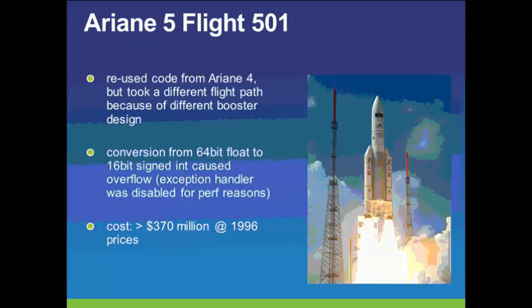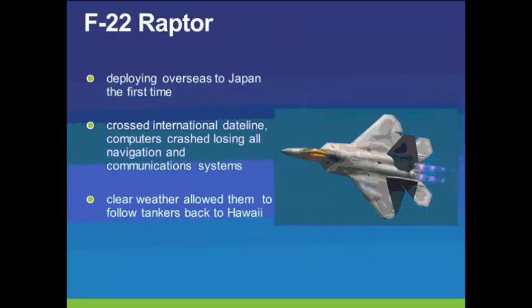As a result, Ariane 5 Flight 501 exploded in the air because an exception occurred. The cost was $370 million at 1996 prices. These are really big numbers, and the code that led to that result is actually very minuscule, very simple.